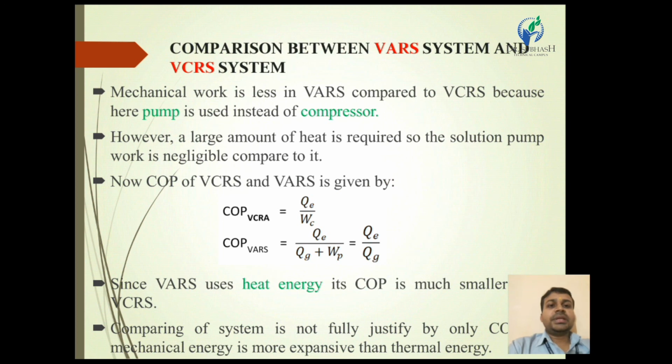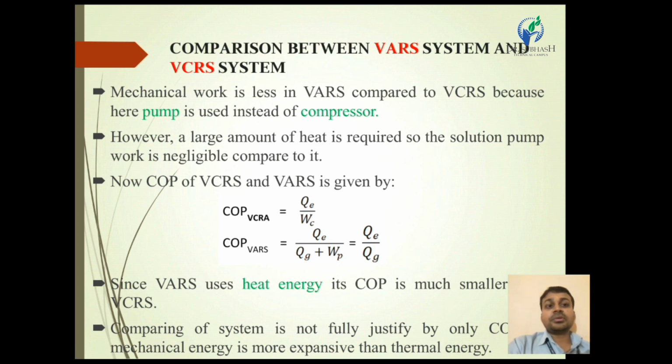Since the VAR system uses heat energy, its COP is much smaller than the VCR system, because it works as a low pressure system using the temperature of the generator, so we get a very low COP in the VAR system.